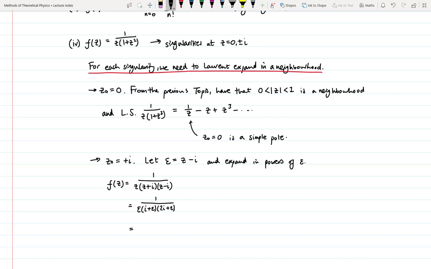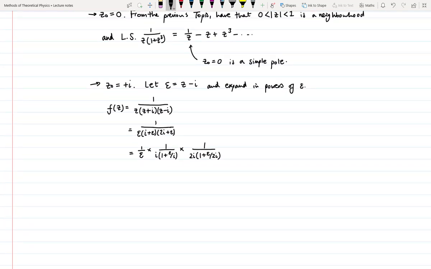We can start tidying this up to make it look like geometric series that we know how to treat. We can write 1 over epsilon times, and then we take out a factor of i to get 1 plus epsilon over i. And then that last term we're going to take out a factor of 2i. And in the brackets we now have 1 plus epsilon over 2i.